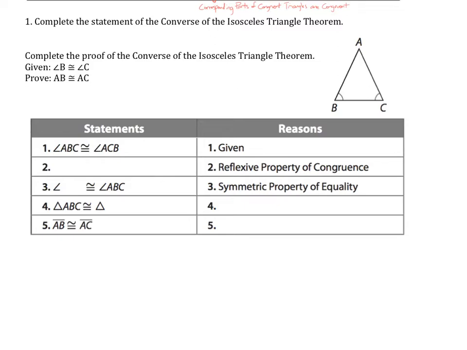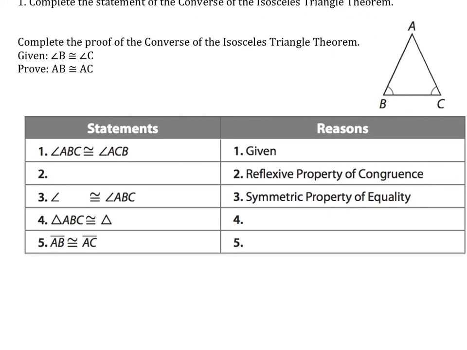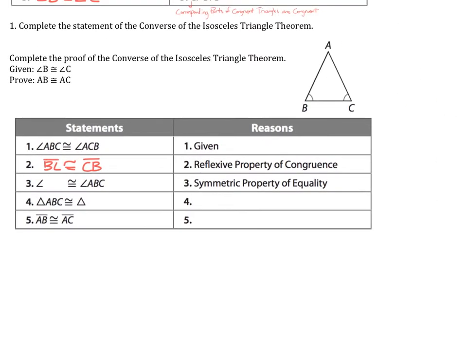And so number 2, we would want to see that BC is congruent to CB. Right, we know that those two lines are going to be the same.